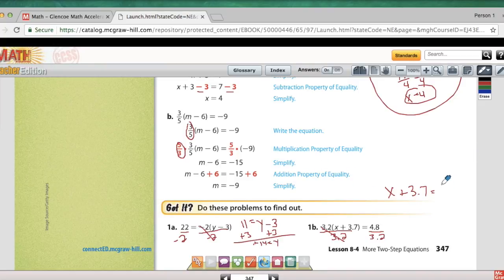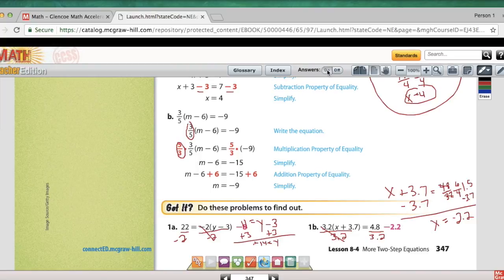Let's just see here, 48 over 32, and 8 goes into 48 6 times, 8 goes into 32 4 times, and 6/4 is the same thing as 1.5. And then I'm going to minus 3.7, minus 3.7 to get x equals negative 2.2.